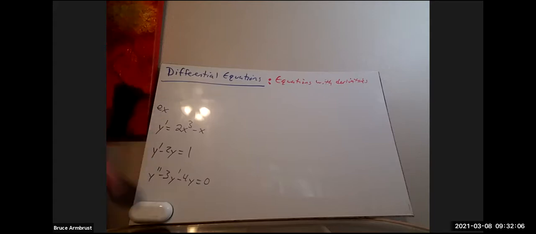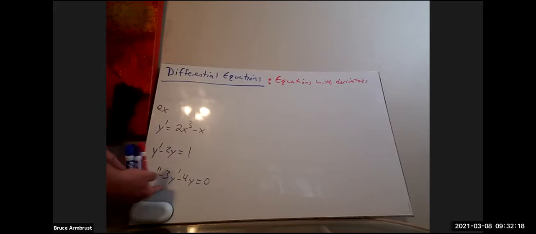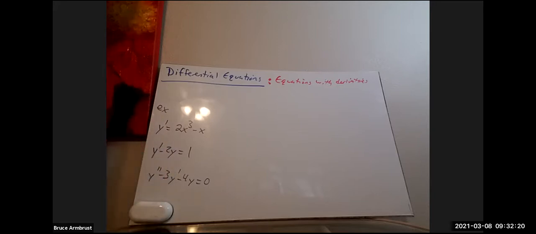So they can take on all kinds of different forms, but basically a differential equation just means there's an equals and there's some kind of a derivative. First, second, third, fourth, maybe multiples. Doesn't really matter, but this is what these look like. Okay, so cool, differential equation.